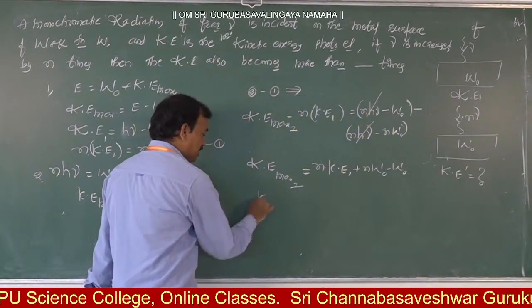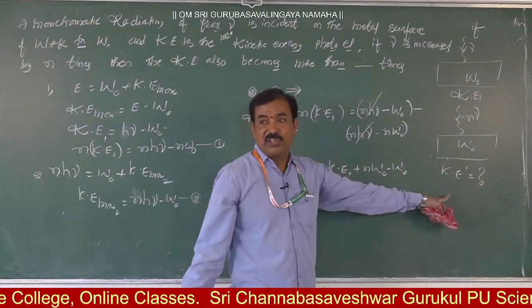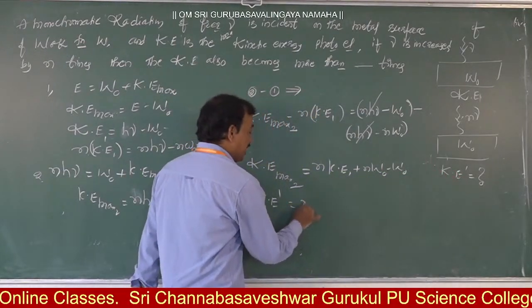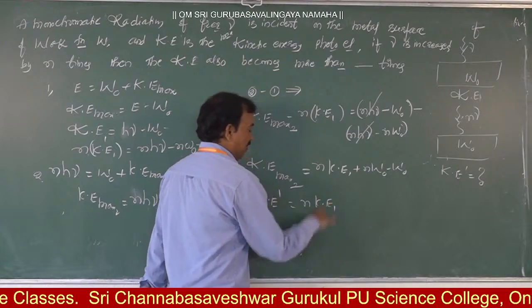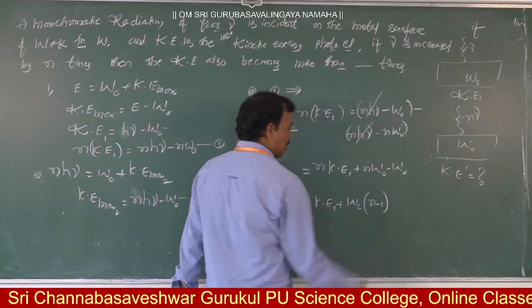So Ke maximum 2, which is Ke dash, is equal to n into Ke1 plus W naught into (n minus 1).